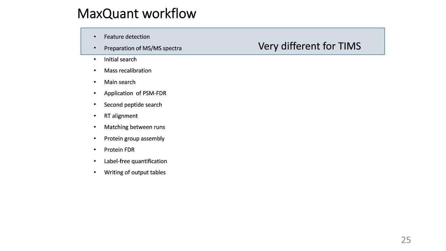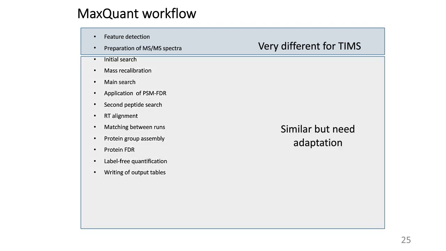There are actually only few steps which are going to be very different for ion mobility enhanced data, and most of them are quite similar, but obviously need adaptation because you talk to a different data type and data structure. As an example, for something that doesn't need much adaptation, you can think about the assembly of peptides to proteins, so that step would not really care about how you actually acquired the raw data.